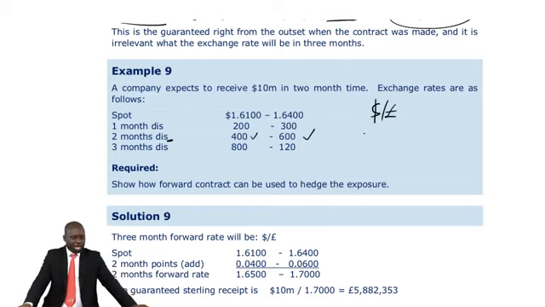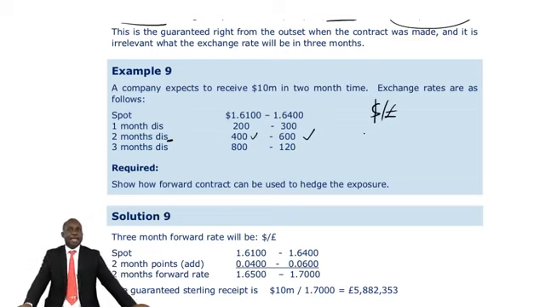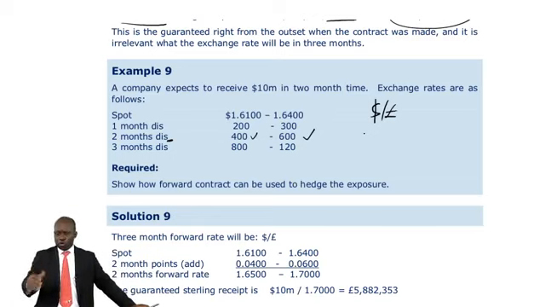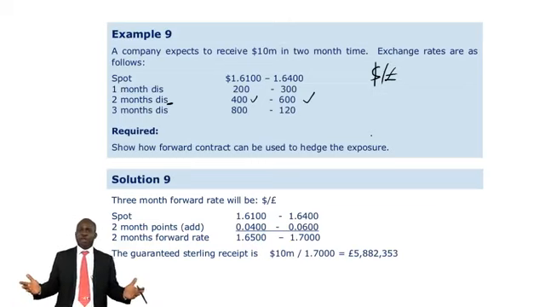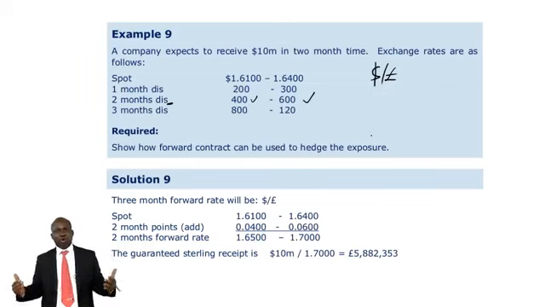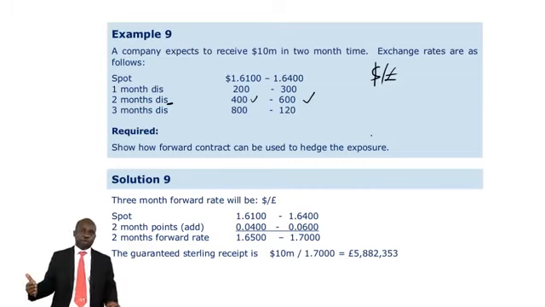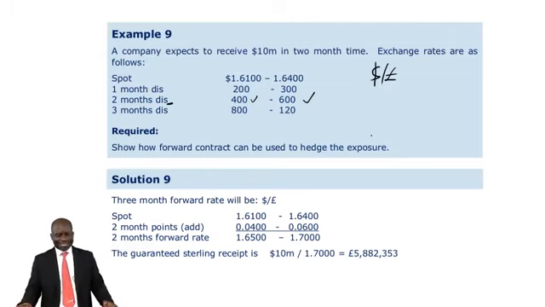So it is your job to first convert the point quotation to an outright quotation before you are able to use it. When I've been given the point and I want the forward rate, I pick the spot rate and I will either add or deduct depending on whether it is at a premium or at a discount.